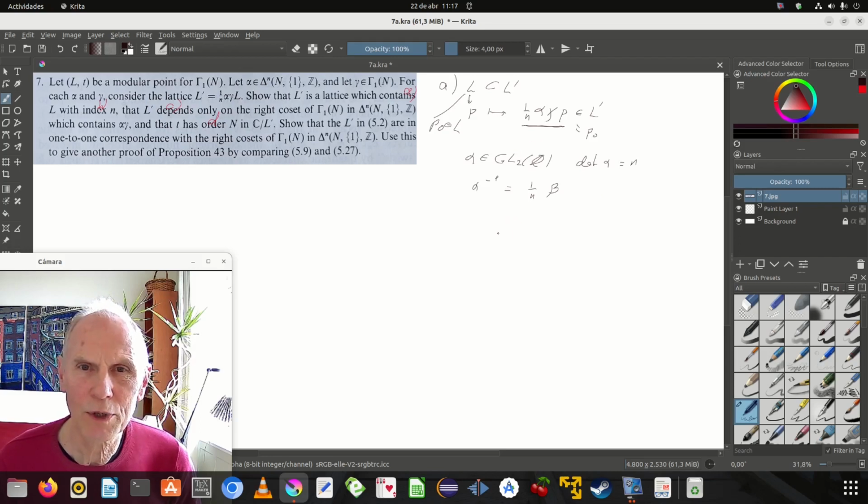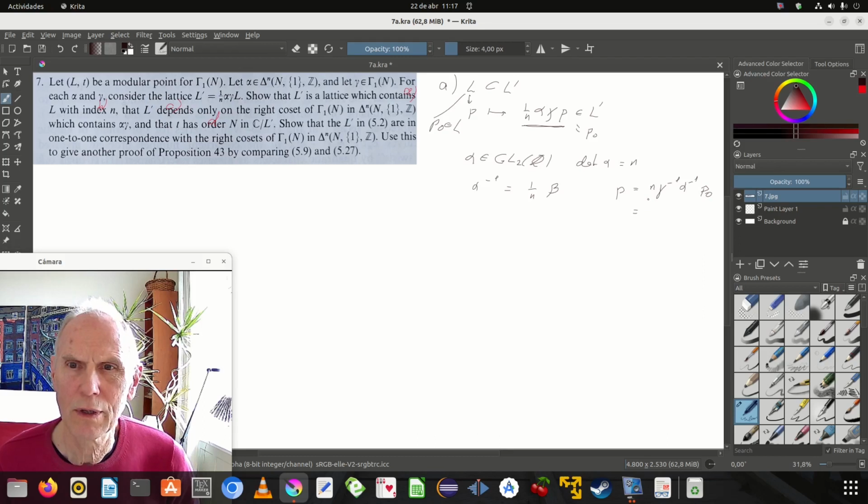So let's see what we can do. P equals n gamma to minus first alpha inverse P naught, and this is beta P naught.